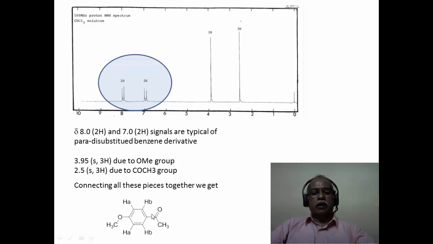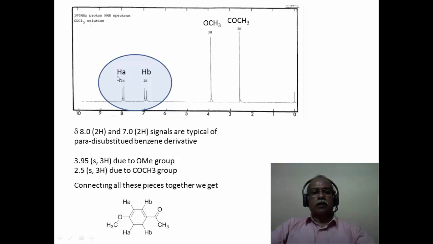A para disubstituted derivative bearing a methoxy group and an acetyl group. In other words, the compound is para-methoxy acetophenone. In para-methoxy acetophenone, the two chemical shift values of the aromatic hydrogens HA and HB are very wide apart because one is adjacent to an electron withdrawing functional group, namely the acetyl functional group. That would correspond to the HB should be this particular one, and the HA should be this particular one.